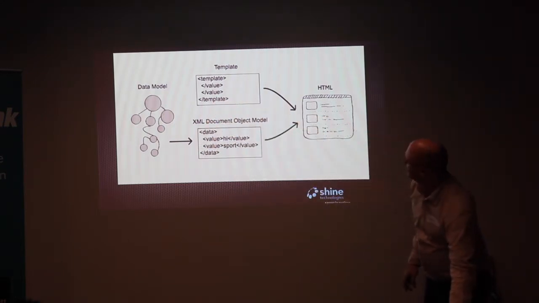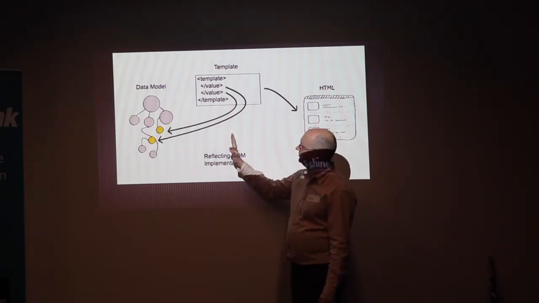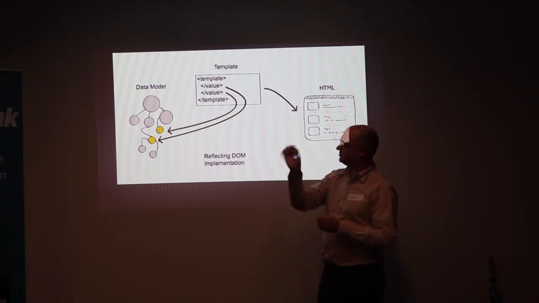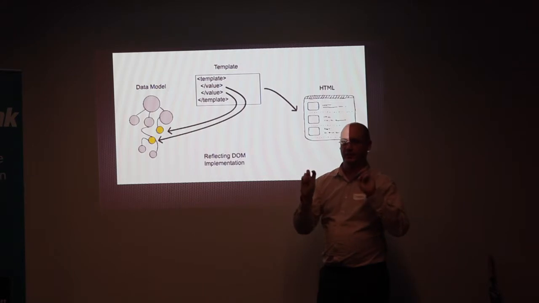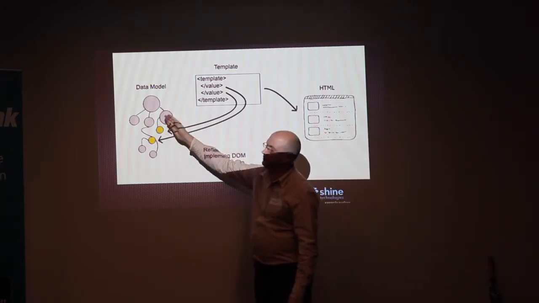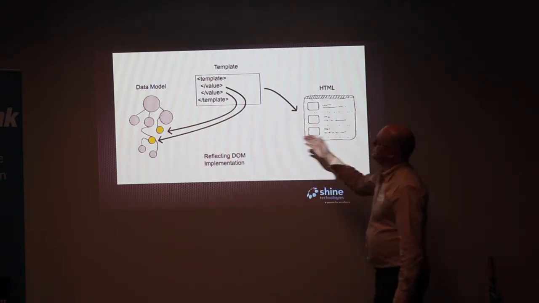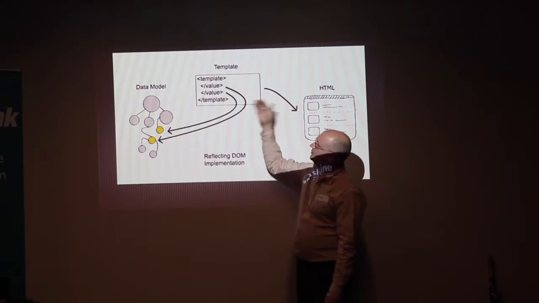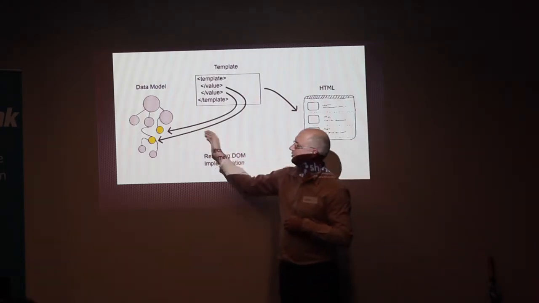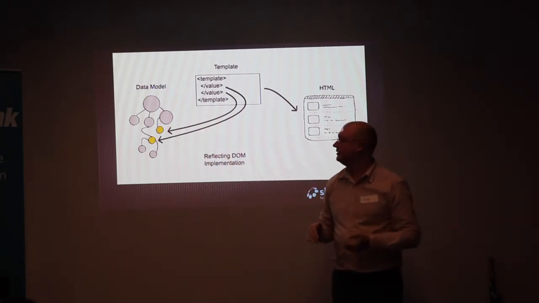What I've done is implement the DOM API myself, and as each node is traversed on the XML model, it dynamically reflects the data required on the back end. What that actually means is that as the template is asking for what it needs, it's only then poking through and cherry picking the data that it actually needs.